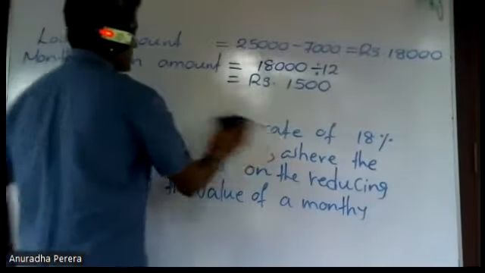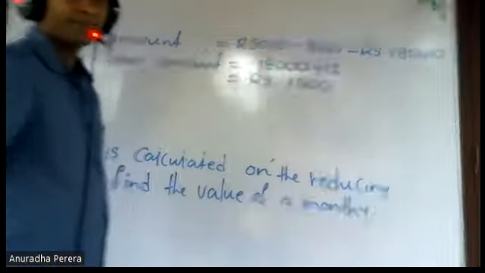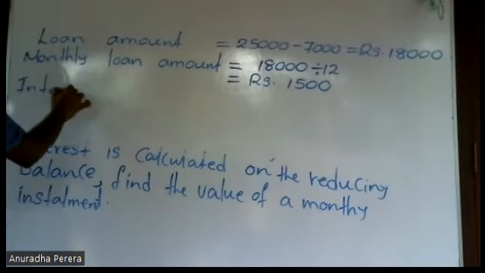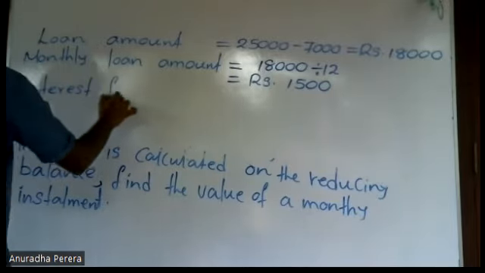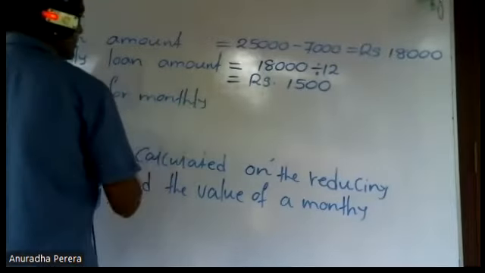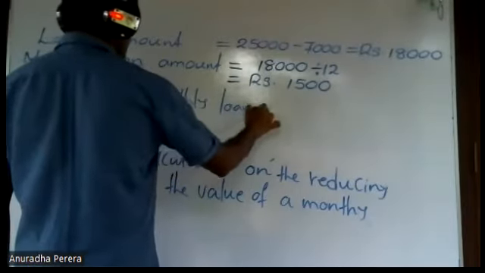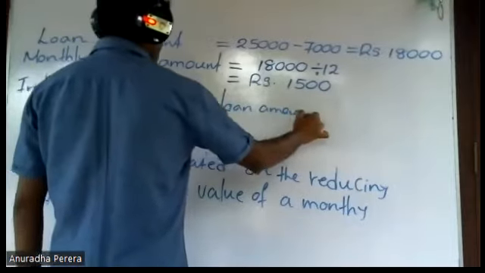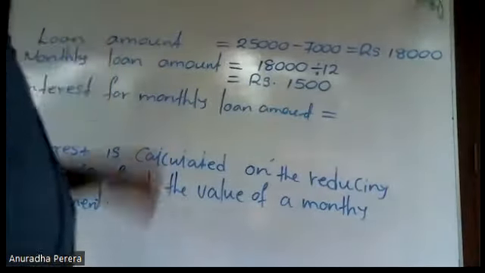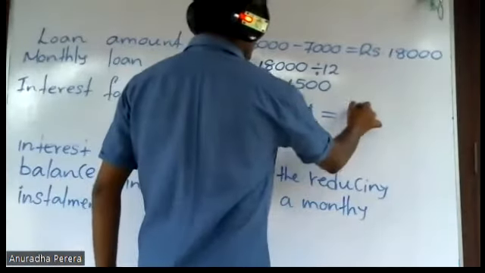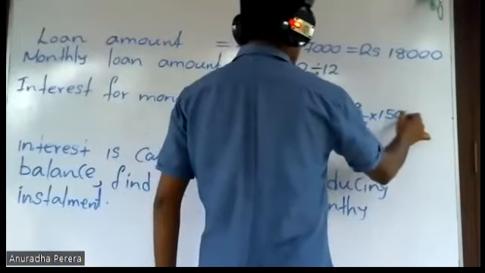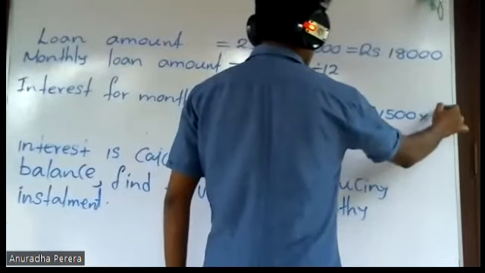Same procedure, steps. After that, interest for monthly loan amount. Interest rate is given, this 18%, into 1/12.